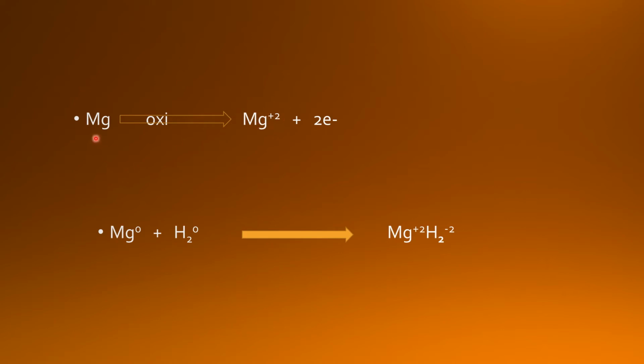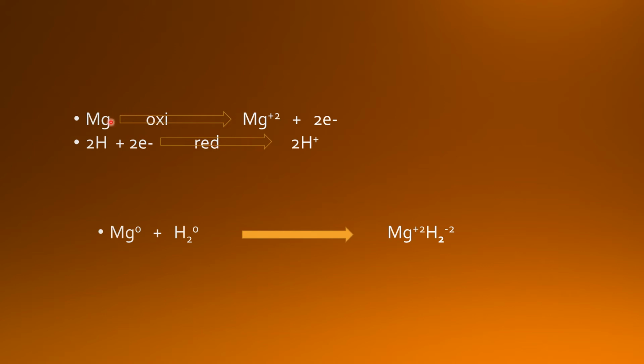As the magnesium is losing the electrons, the process of oxidation is taking place in this magnesium. And the hydrogen atom is gaining electrons. It is a non-metal, it will gain the electron, and after gaining the electron it will change into the hydride ion, and the process of reduction will take place here.